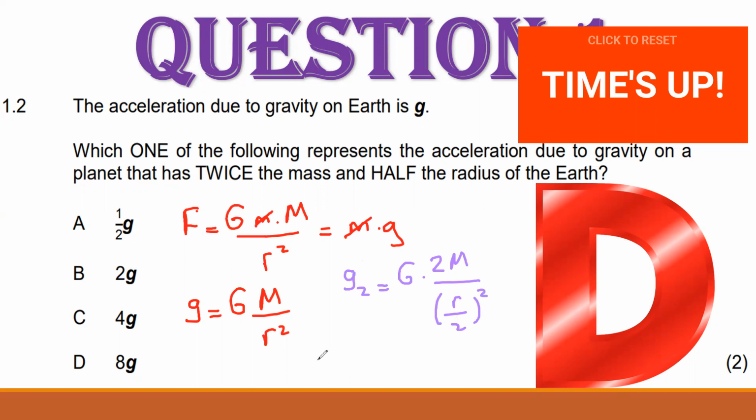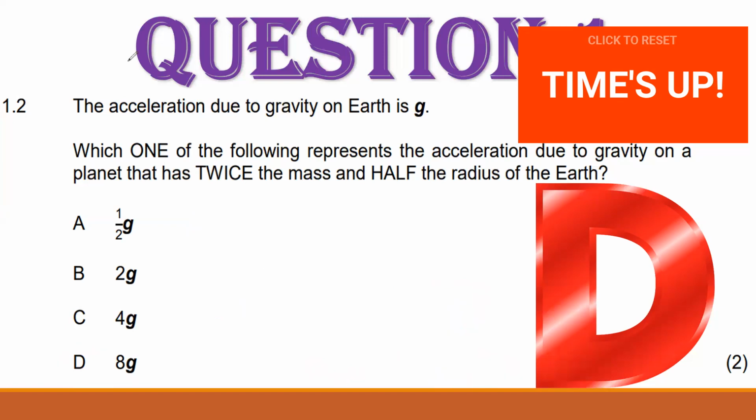And how can we write new g, g2? g times 2m over r squared over 4. If you calculate this, 4 is going up times by 2, and then you get 8g, because 8 times GM over r squared is equal to g, and the answer is 8g. I hope everything is fine. Let's continue with the next question.